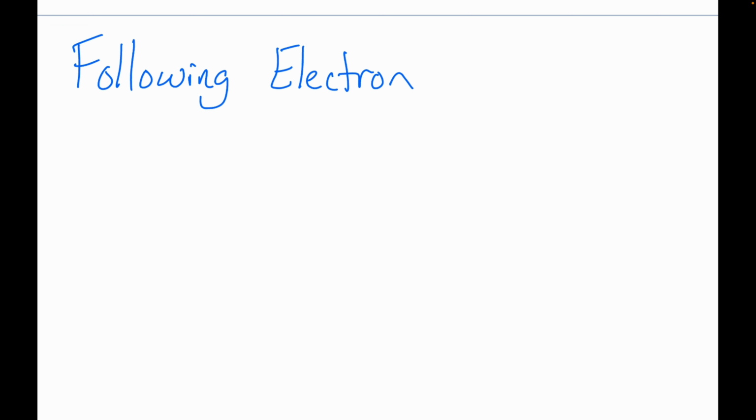Cool. All right, so step one in this whole learning how to use these electron pushing arrows, we're going to first focus on following our electron pushing arrows. Meaning I'm going to put them down and you're going to try to draw me what the product would be of that step.